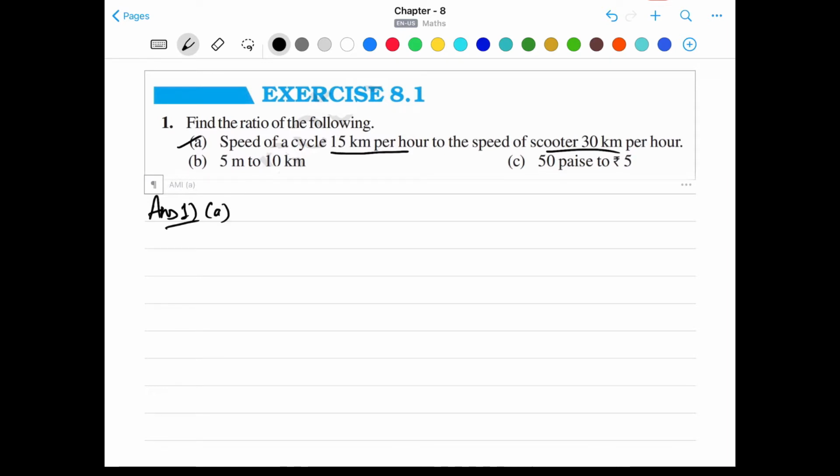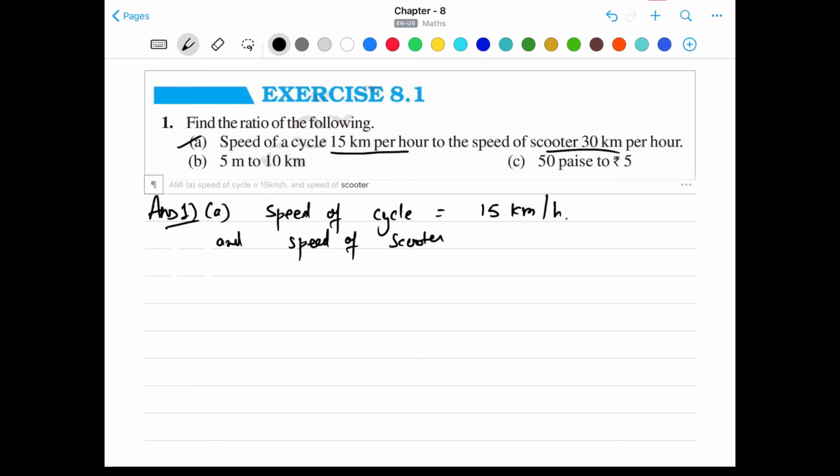We have the speed of cycle, which is 15 kilometers per hour, and the speed of scooter, which is 30 kilometers per hour. Okay, now we have to find its ratio.